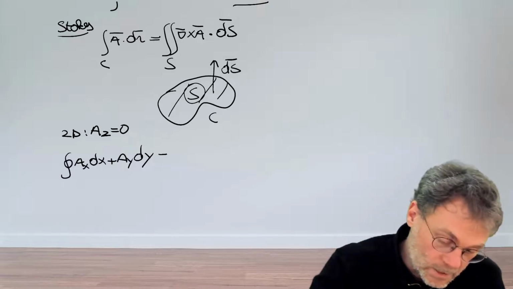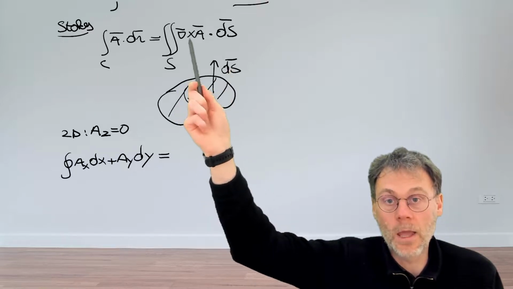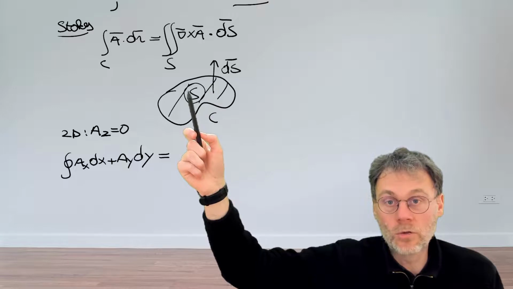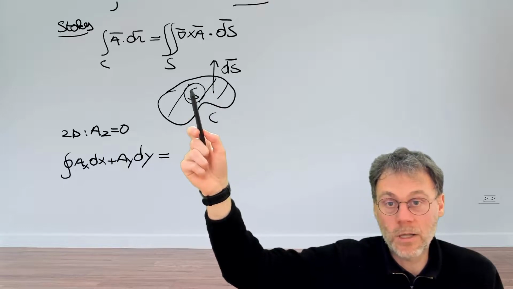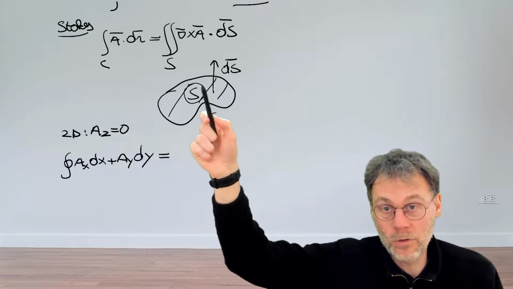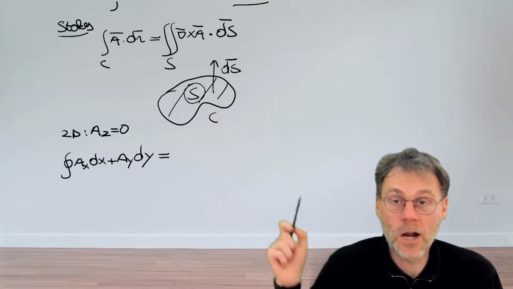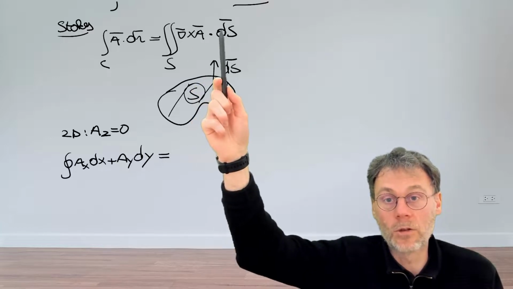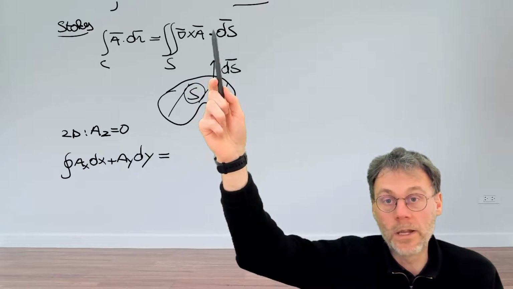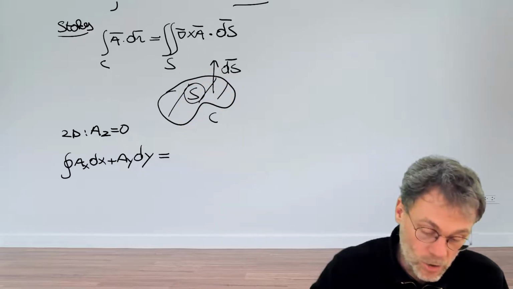For the right-hand side, we have this expression over here. But remember, in the 2D case, S is entirely contained in the xy plane. So if we're perpendicular to that, this means that this vector dS is in essence along the z direction. So if we take the dot product here, this means that we're only interested in the z component of the curl of our A here.